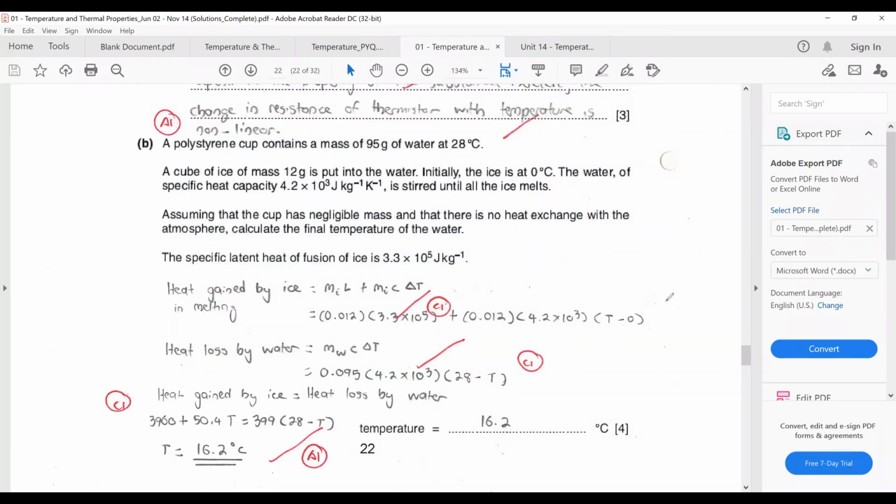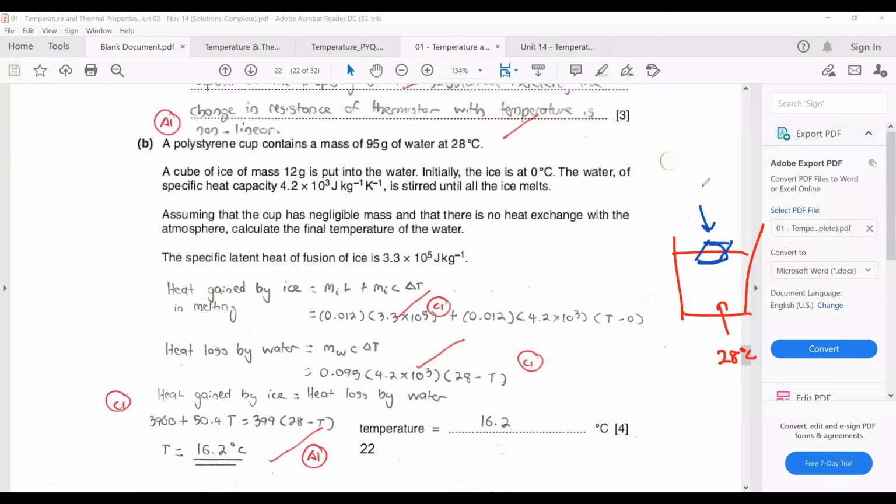This one doesn't really have anything to do with your temperature chapter per se. It's more on your thermal properties. You have a polystyrene cup with water at 28 degrees centigrade. You now have a cube of ice that is put in the water.